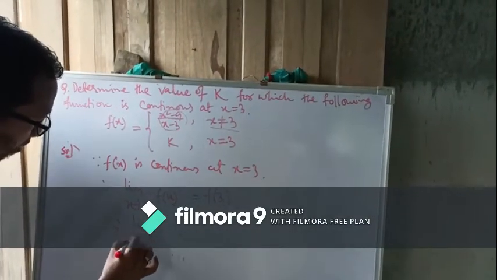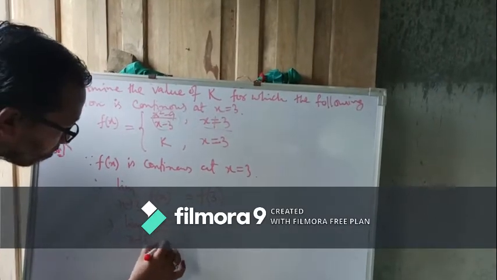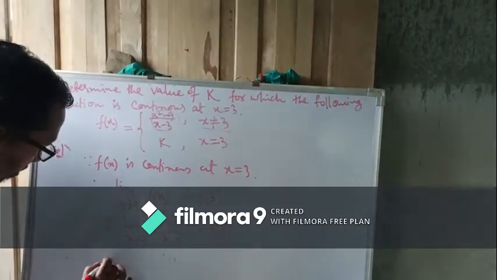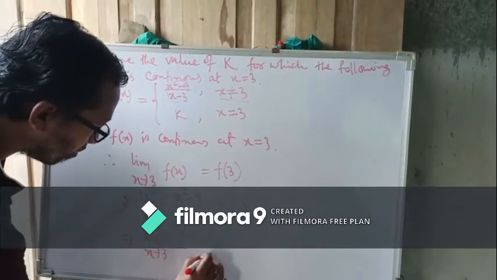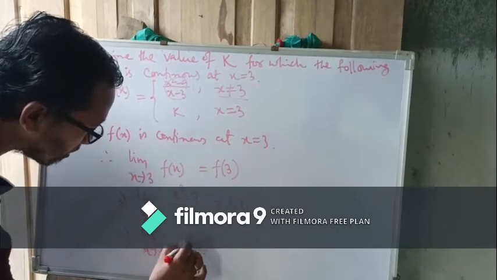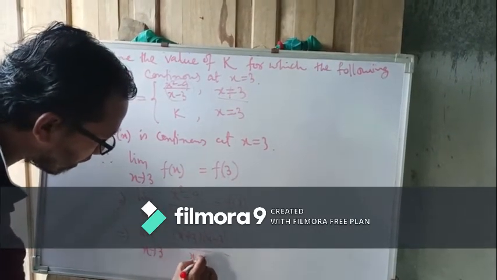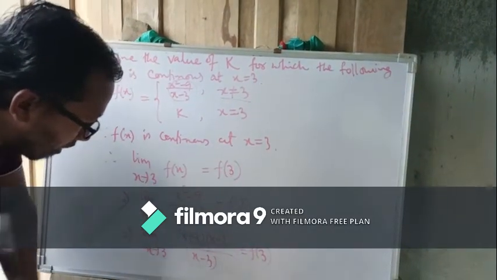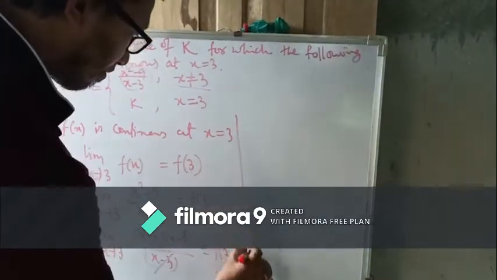So limit x tends to 3, x square minus 9 by x minus 3 equal to f of 3. We can factorize it: x plus 3, x minus 3 over x minus 3 equal to f of 3. Can be cancelled.